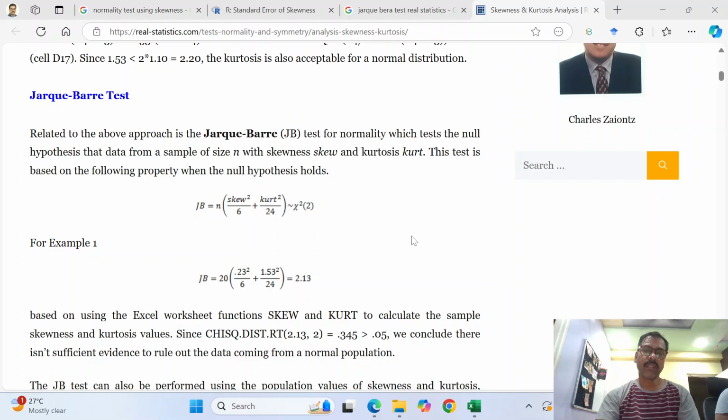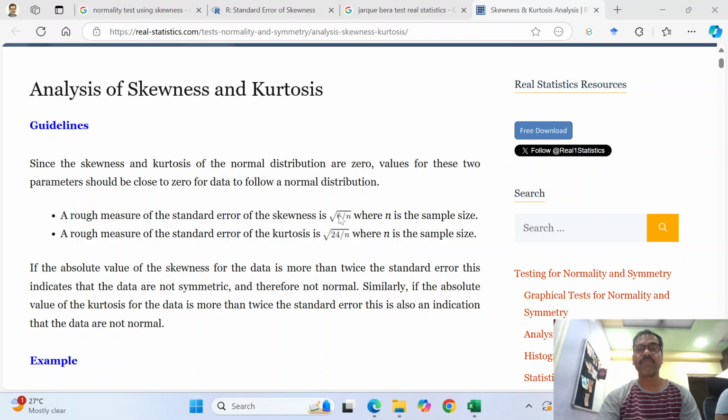There are also other ways to do this based on skewness and kurtosis. If I choose to test normality only based on skewness, then I just have to take the skewness divided by the square root of 6 by n. That is the standard error of skewness, and for kurtosis, divided by the square root of 24 by n.